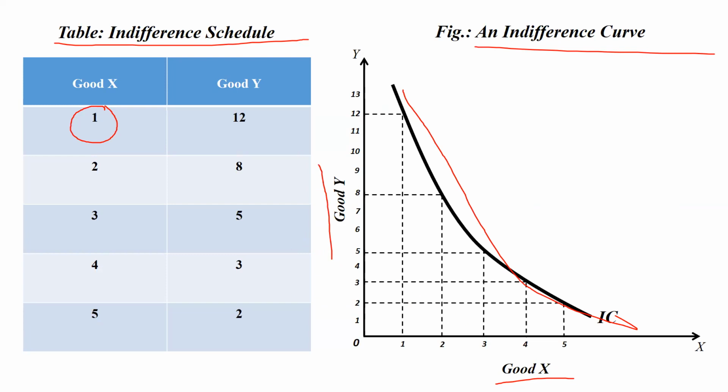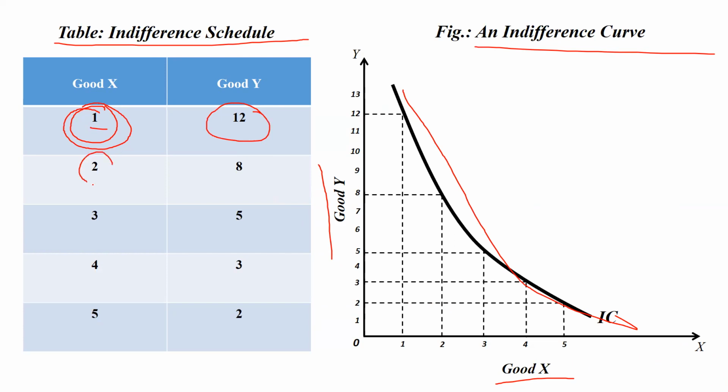Let's say good X is orange and good Y is bananas. The person is consuming 1 unit of good X and 12 of good Y.